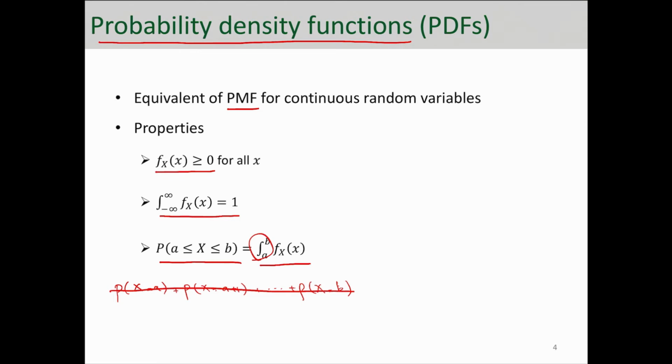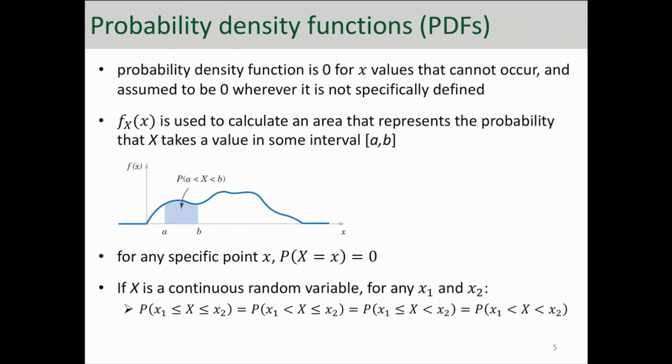So let's get that a little more graphical here. Here you can see a PDF function. On the x-axis, you have x, or the values that the random variable can take. And on the y-axis, you have f of x, or the PDF, which represents the probabilities.